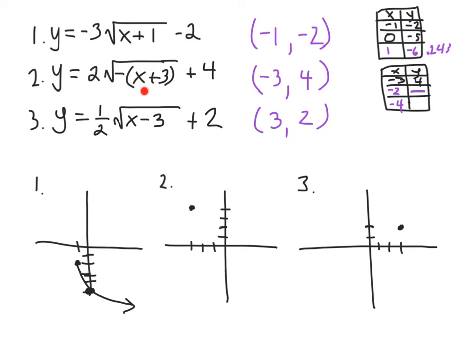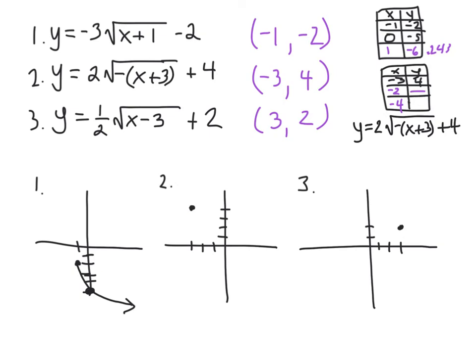If I put a -4 in here, at first it seems a little strange, so -4 plus 3 gives us -1. And you might think, oh, that's not okay, a -1, but it is because it's a negative -1. Here, let me write this one out for you quick. So we have y equals 2 times the square root of negative x plus 3, plus 4.